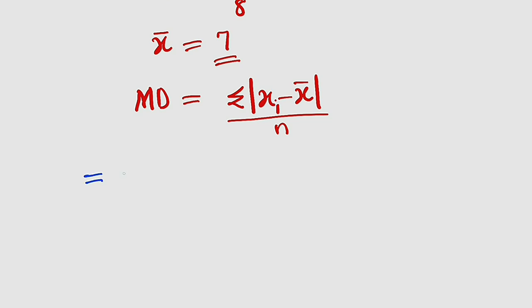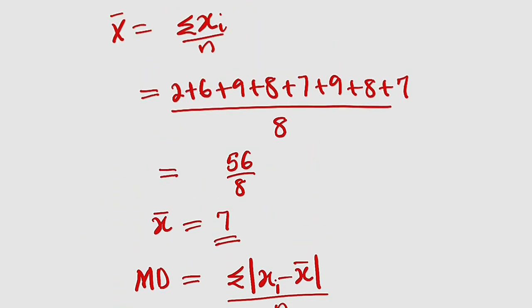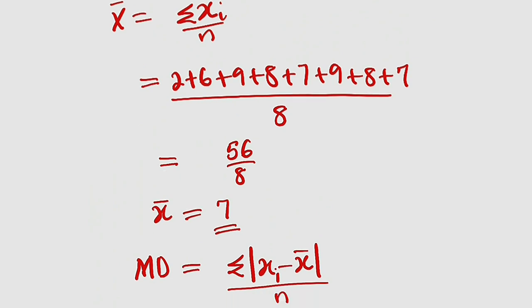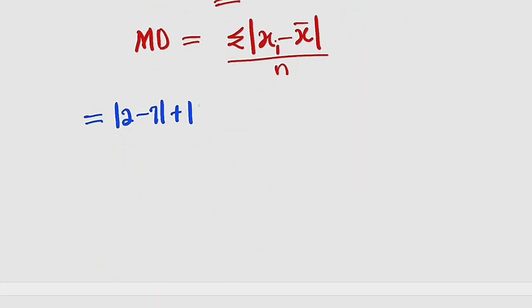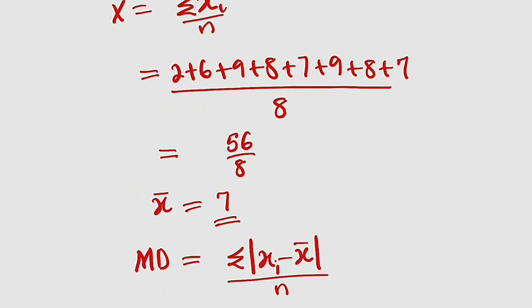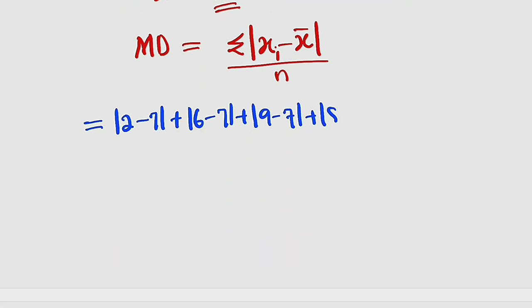So the first number was 2, then minus the mean, which is 7 in an absolute form, plus the second number, 6, minus the mean, plus 9, minus the mean, plus 8, 7, 9, 8, 7, 9.